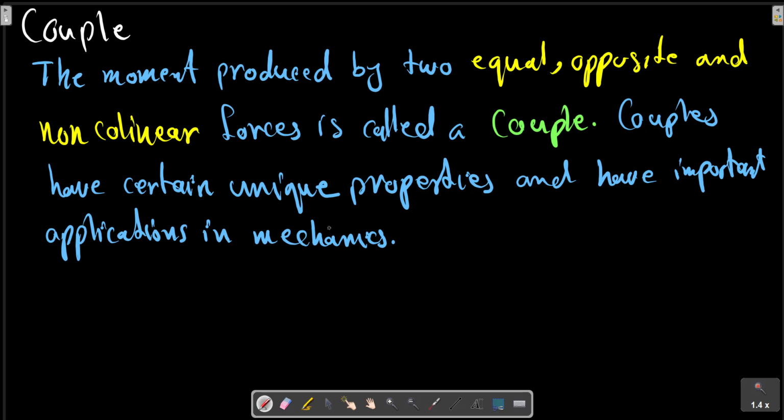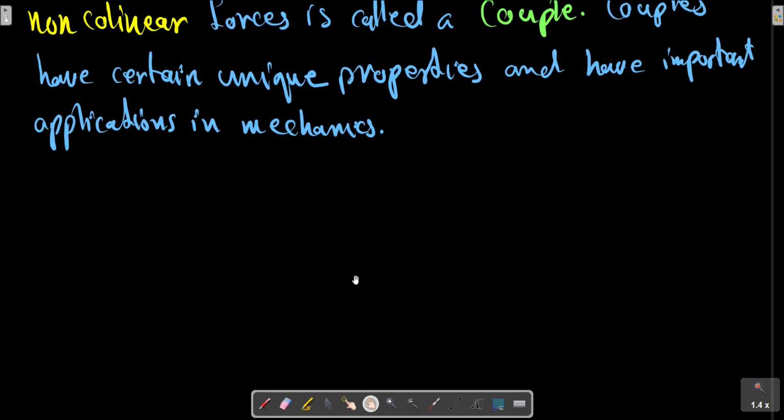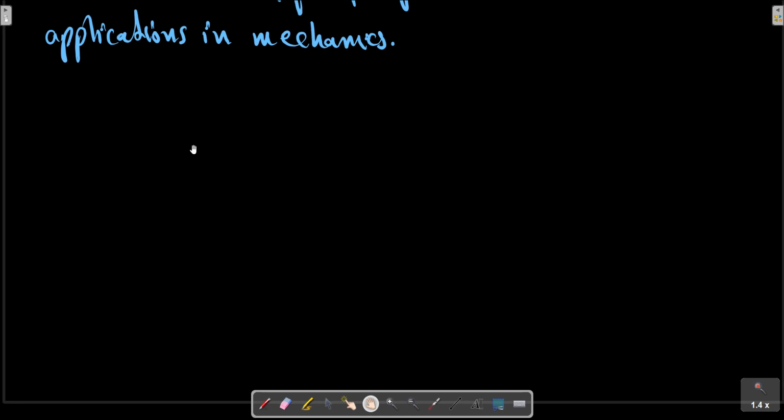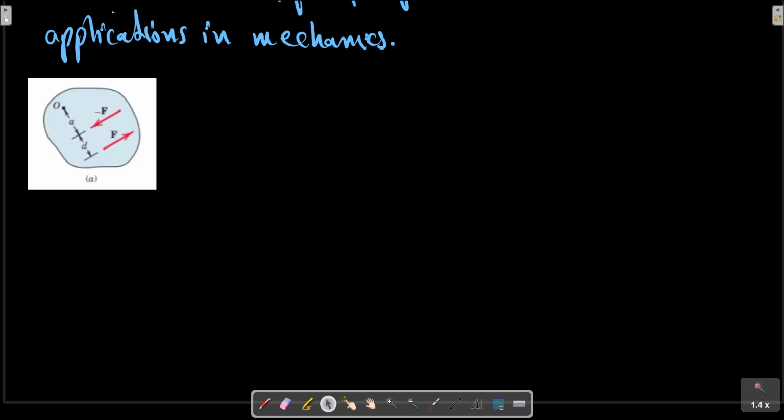Consider the action of two equal and opposite forces F and minus F at distance D as shown in this picture, for example, for a couple. Forces F and minus F are equal, opposite, and non-collinear.